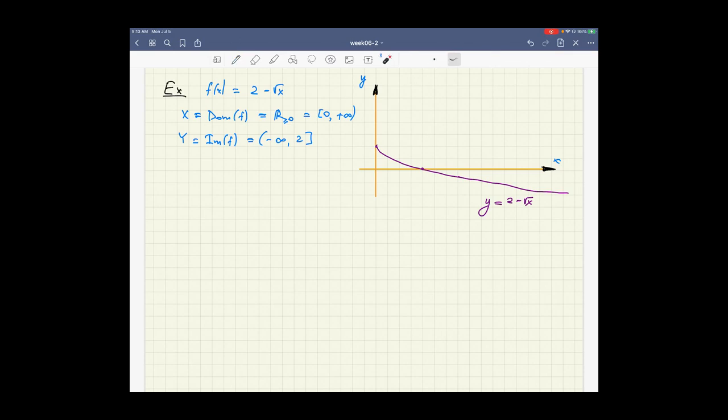And so viewed from x to y, this function is injective, and surjective, and therefore bijective. And so it has a unique inverse.